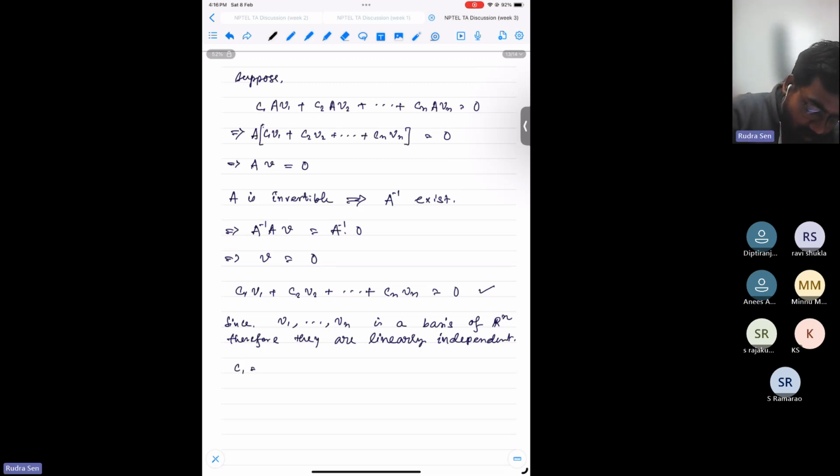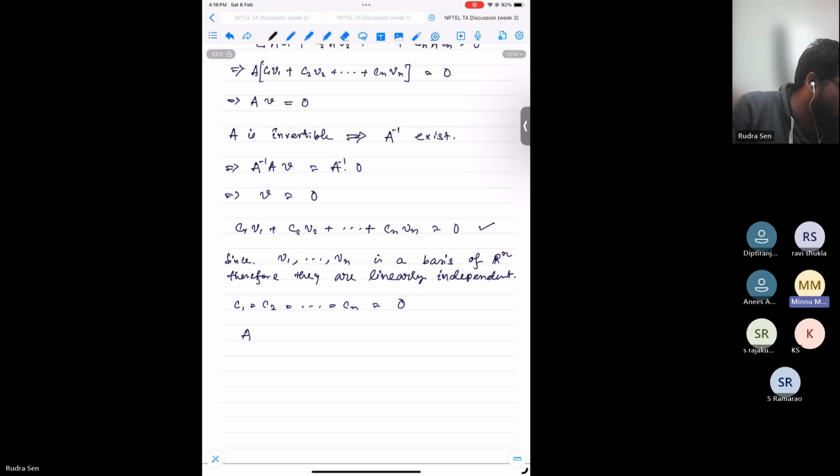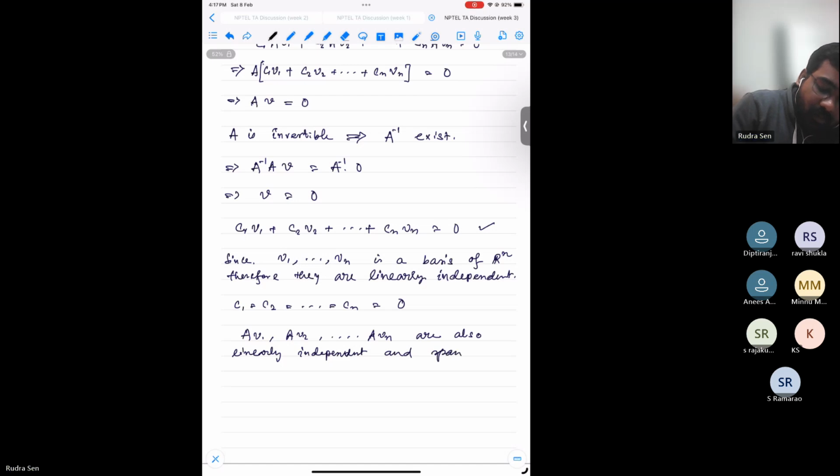That means C1 equals C2 equals up to Cn equals 0, which means that AV1, AV2, up to AVn are also linearly independent and span the space, which together says that AV1 to AVn is a basis. Okay, is it clear to everyone?